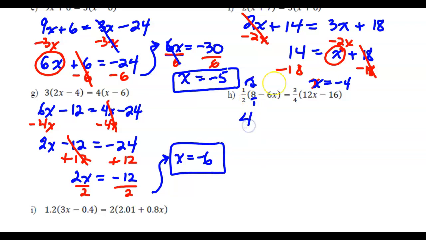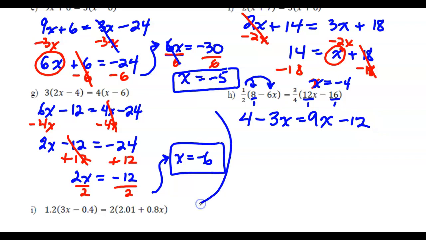A half times negative 6, well, a half of negative 6 is negative 3, so subtract 3x. 3/4 of 12, I made them sort of nice fractions, but if you want to show that as 12 over 1, then that's going to be 36 over 4, which is 9x. And then 16 over 1, 3/4 of 16 is 12. Or you can go, okay, that's 48 divided by 4, which is 12. And it's negative, it's subtracting.